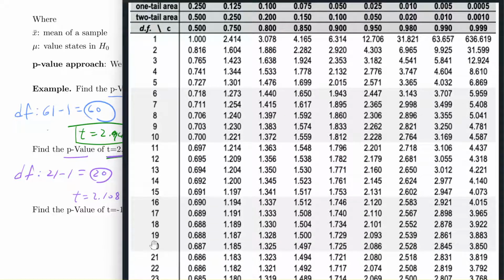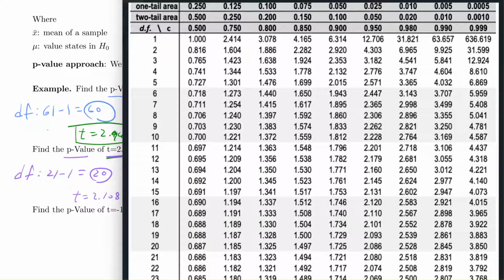Look at 20 right here. And I go along here until I find one value less than 2.1 and one greater than 2.1. So 2.108 is between these two numbers, 2.086 and 2.528. So I find the corresponding p-value for this one and this one.